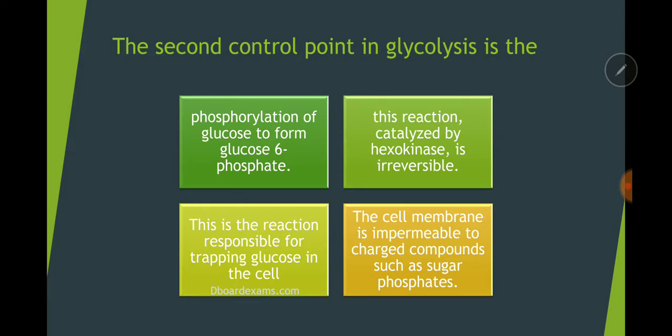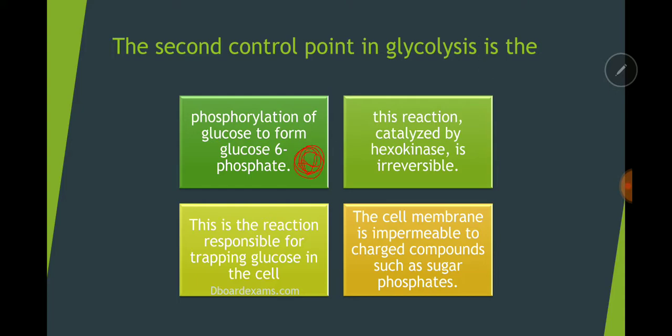So the second control point in glycolysis is the phosphorylation of glucose to form glucose 6 phosphate.